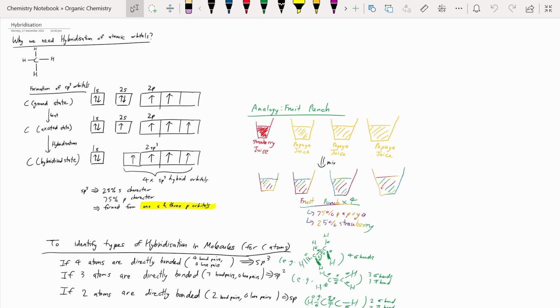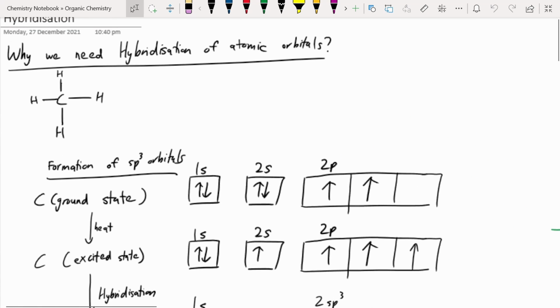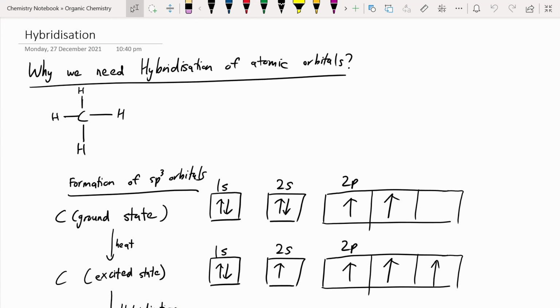Now we're gonna learn about hybridization. First up, we need to understand that when we are forming bonds such as covalent sigma bonds, we tend to assume that we use the s orbitals and p orbitals. However, for some molecules, they require you to hybridize the atomic orbitals.